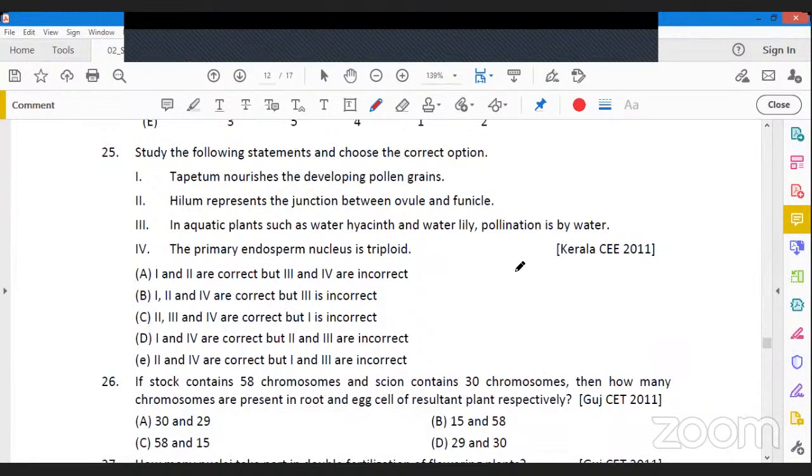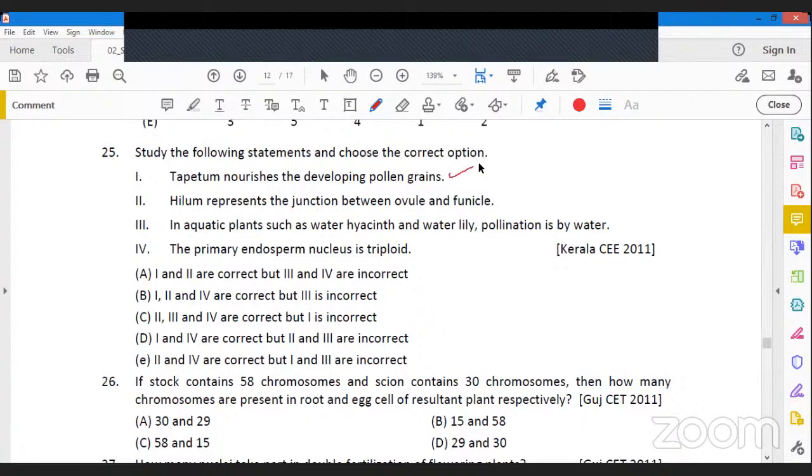Study the following statements and choose the correct option.